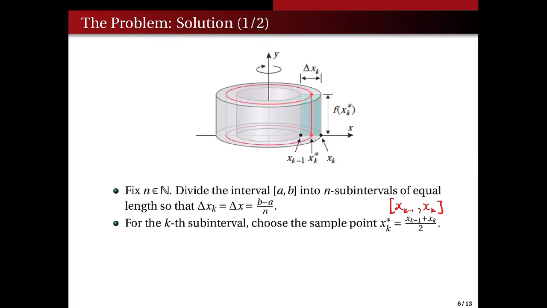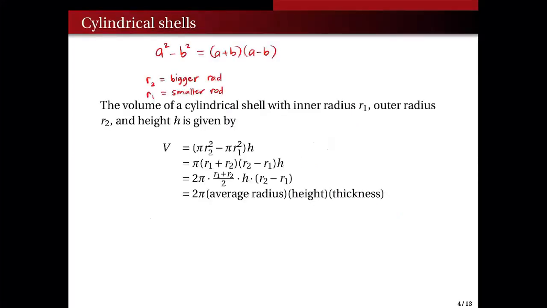Unlike in washers, where you can choose the sample point to be anything inside the interval, for this we will exactly choose the midpoint. The reason is that for the computation later, we will see that we can use this formula. The midpoint will become the average radius.